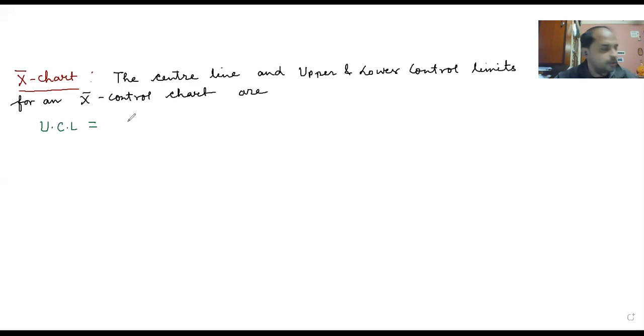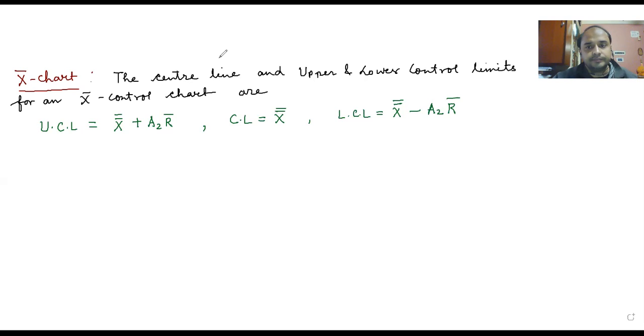UCL is equal to X bar plus A2 R bar. CL becomes X bar, LCL becomes X bar minus A2 R bar.